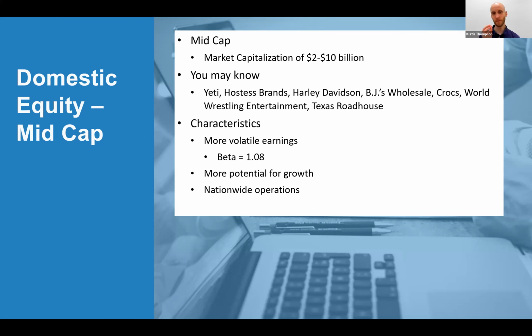What a beta of 1.08 means is that whenever the S&P 500 moves, this mid-cap stock index is going to move about 8% more. So for example, if the S&P 500 goes up by 1%, the mid-cap index should go up by 1.8%. If the S&P 500 goes down by 1% on average, the mid-cap index will go down by 1.8%.